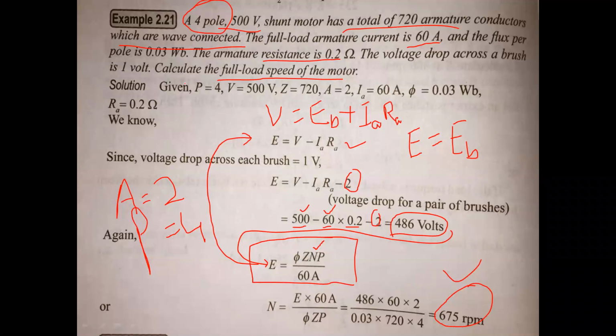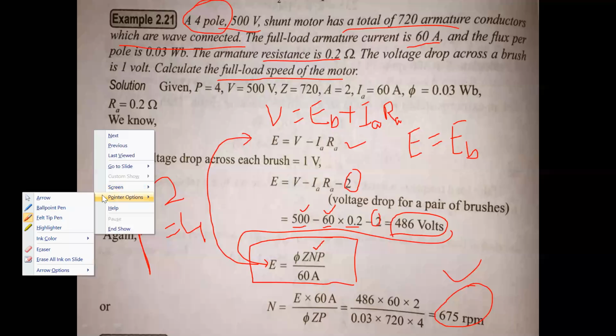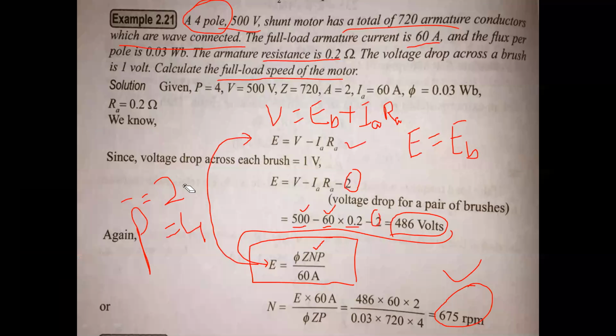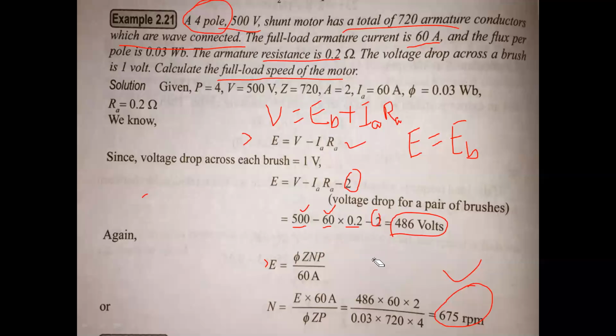Once again, I repeat this same problem. So poles 4, voltage 500 volts, total conductors 720, wave connected, A equal to 2, armature current 60 amperes, flux per pole 0.03 weber.